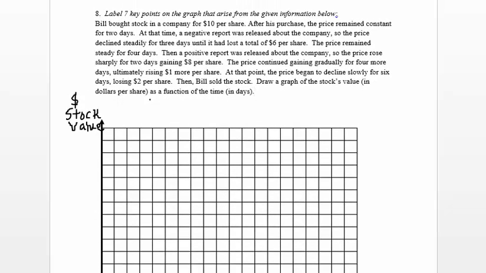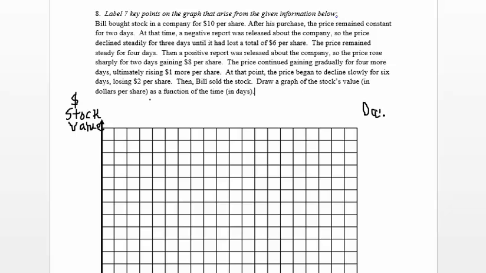So we're going to take the information and translate it into points that we're going to put on the graph and connect with a line. So Bill bought stock in a company for $10 per share.